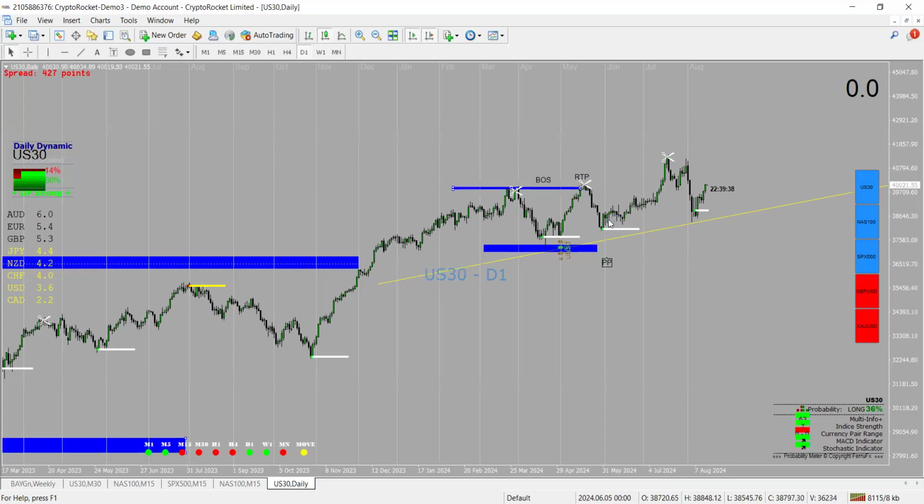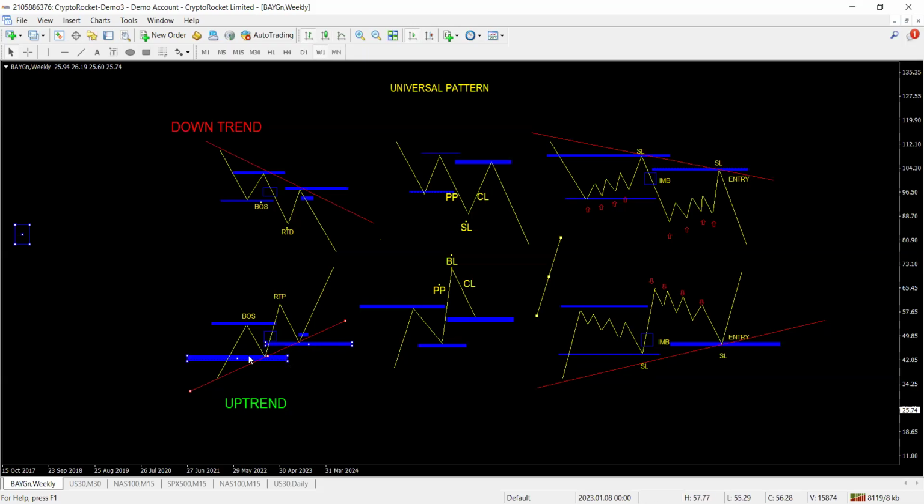And then down here, you can see that we filled the imbalance, and we hit this order block for a level of support. Now you can see this pattern is the same pattern as this. Same exact pattern.